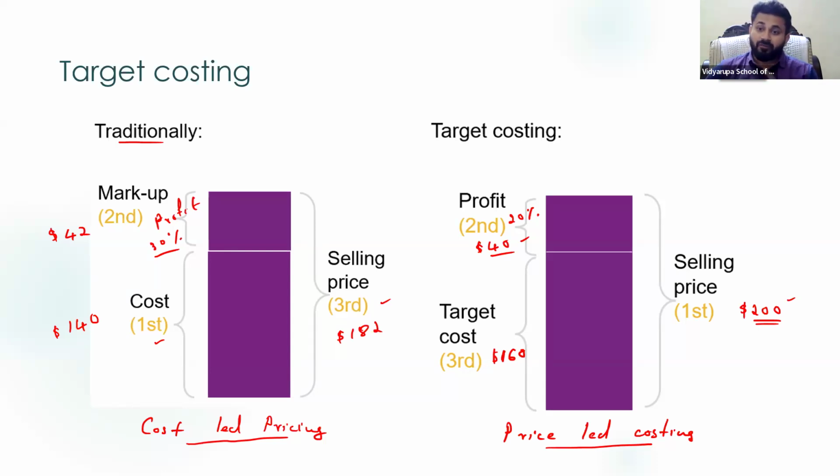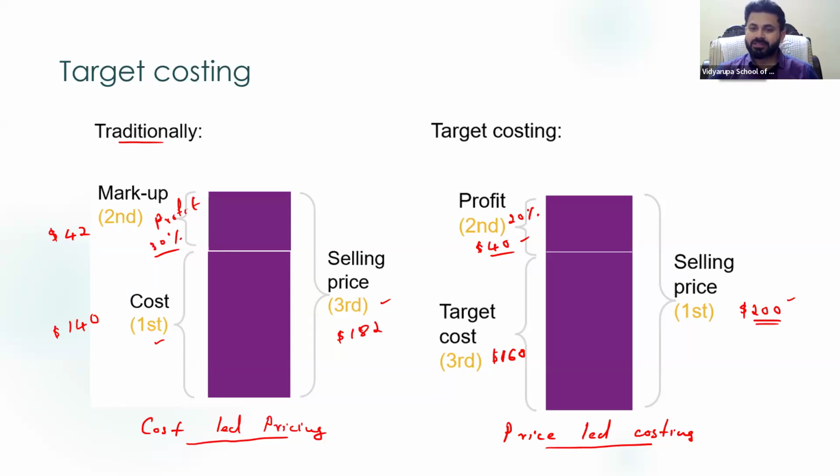What happens here? We fix the price first. Even before we determine or finalize the cost, we are fixing the price first. So the first question we need to understand: how can a company fix the selling price if they don't even know the cost? How can they do that?